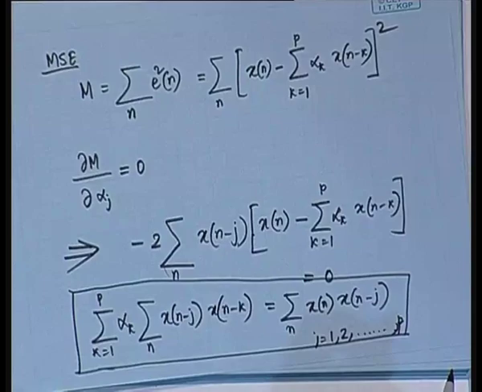So, with p equations we can compute p unknowns, but that would involve a matrix inversion of what size matrix? P by P. A P by P size matrix has to be inverted again in real time. We have 20 milliseconds of time, and P by P matrix inversion has to be carried out. So, this is also a highly computationally demanding aspect.